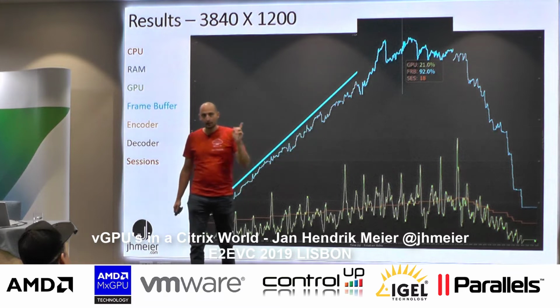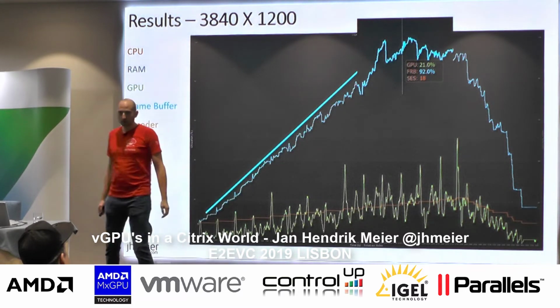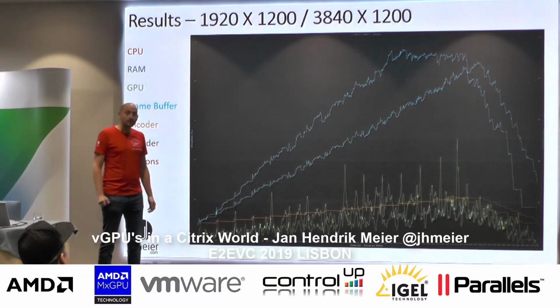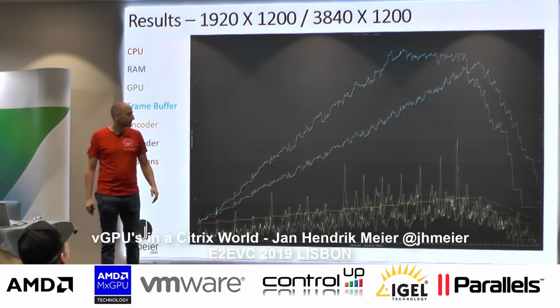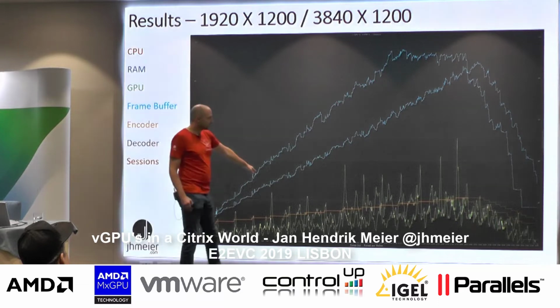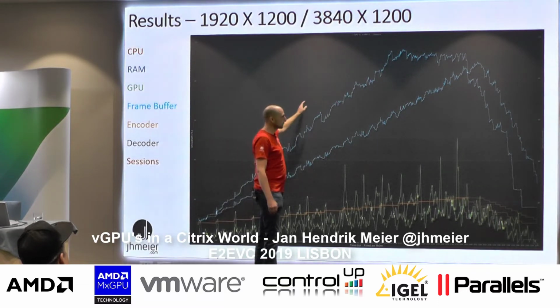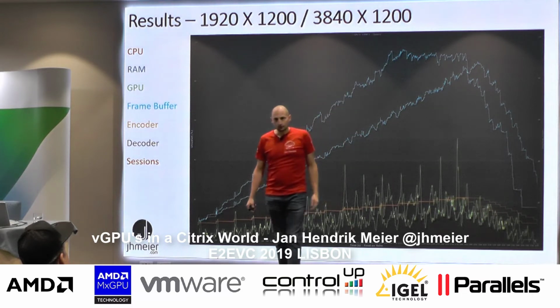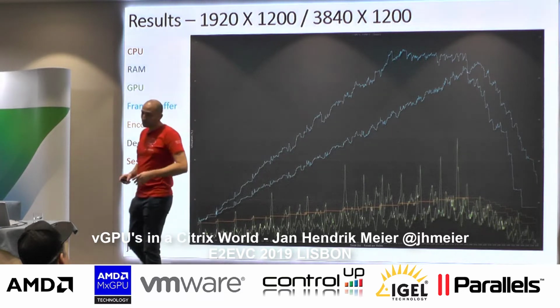So not 15, 11 users already fully use the frame buffer. If you do an overlay, I think it's really good to see the difference, because you have the low one with one screen and the other one with two screens, and you can see that just because the user has added a second screen, you have like 20% more frame buffer usage, which most people don't consider.